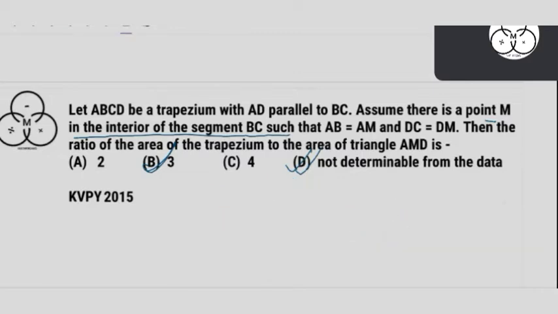Let us change the question itself. Assume that M. Just a minute.